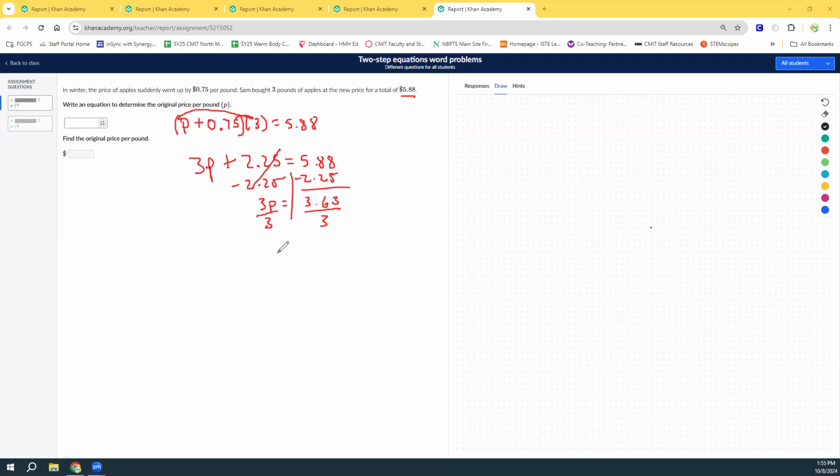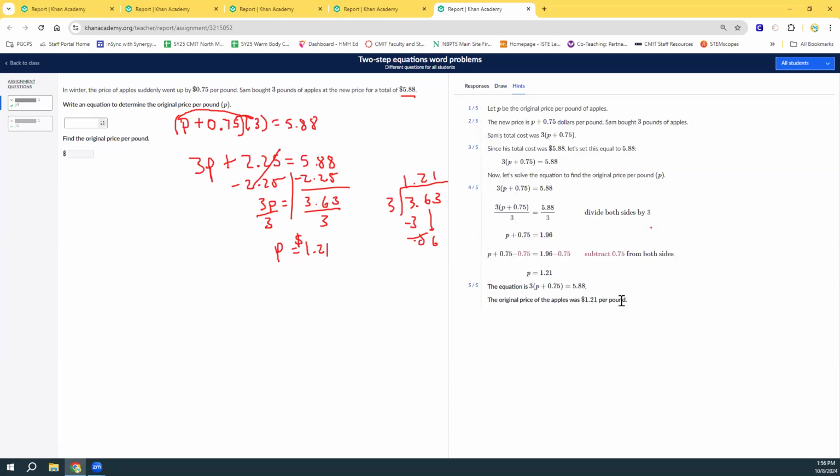Divide by 3. 3 goes into 3 once, and then bring down the 6, 2, 1, 121. Let's see, is that the original price? See if I made it. Oh, 1.21. Look at that.